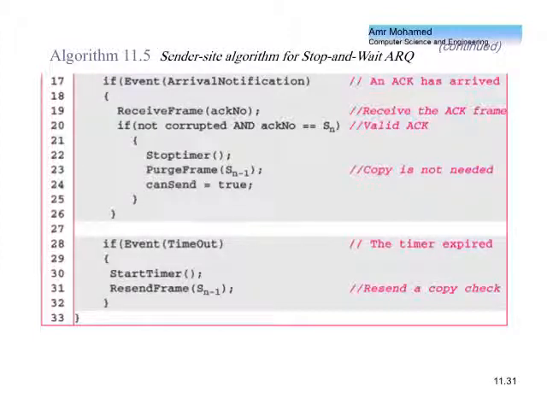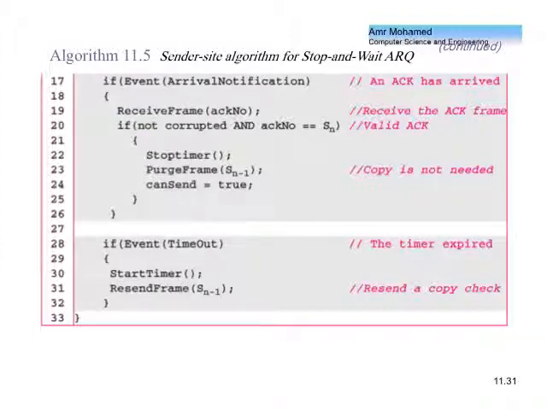So the acknowledgement number is always the frame that I just received plus 1. This means that frame 0 has been received, send me frame 1. When I receive frame 1, I will send an acknowledgement with acknowledgement number 0 to indicate that I received frame 1 successfully, send me frame 0, which is the next one. When I receive 0, I send acknowledgement number 1.